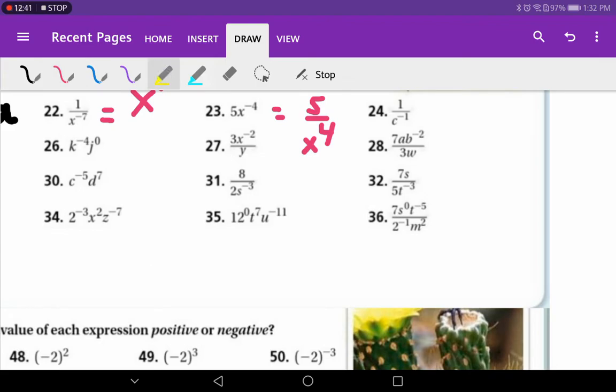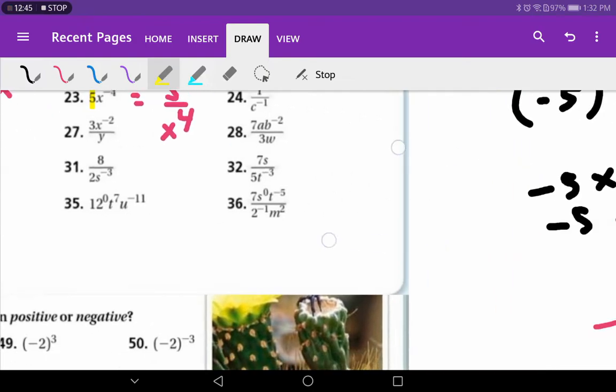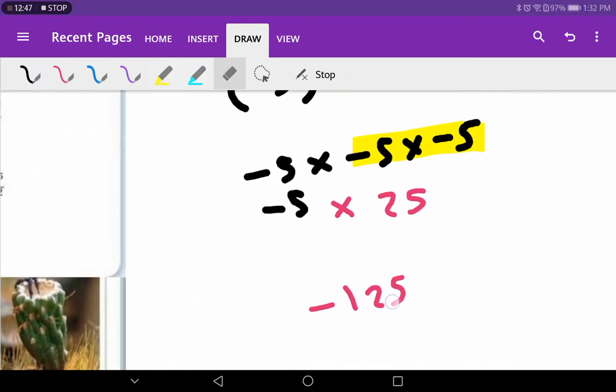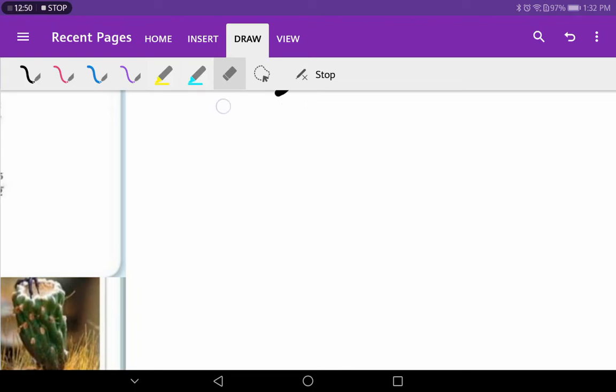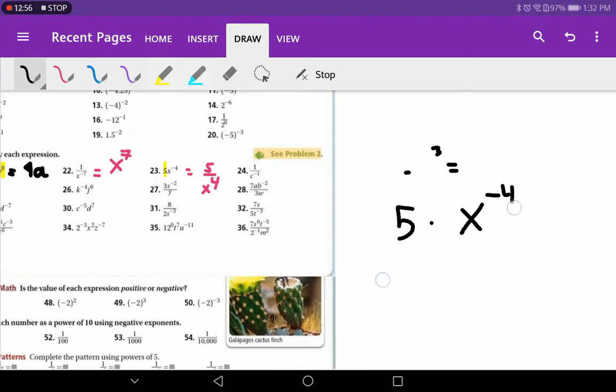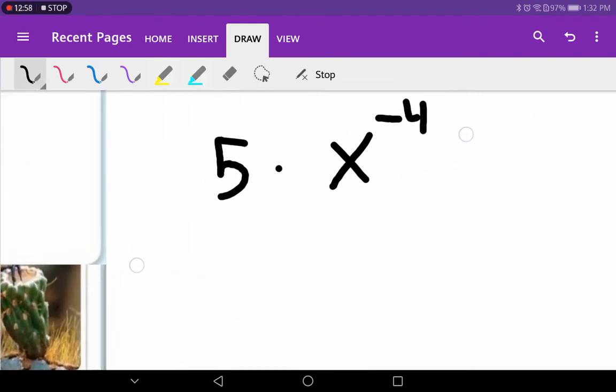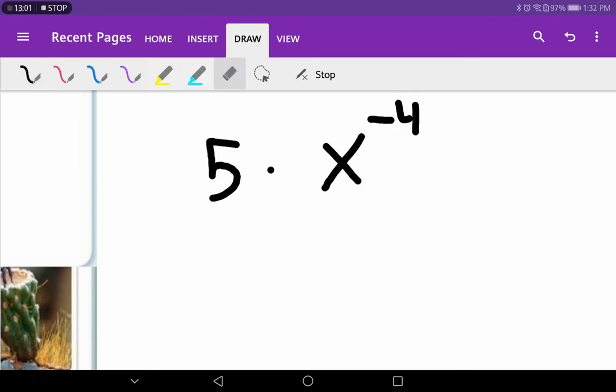But the 5, teacher, still up? Yes, still up. Actually, my dear student, 5 multiply x with negative 4. It is negative 4, yes? Yes. So I will change the sign for the power here.